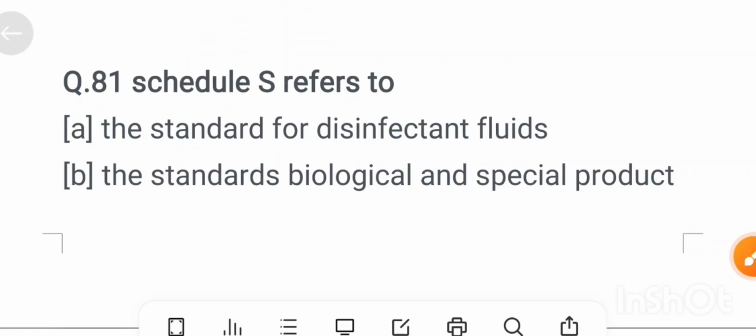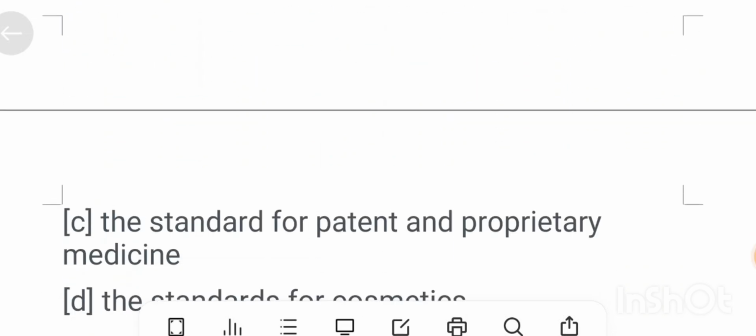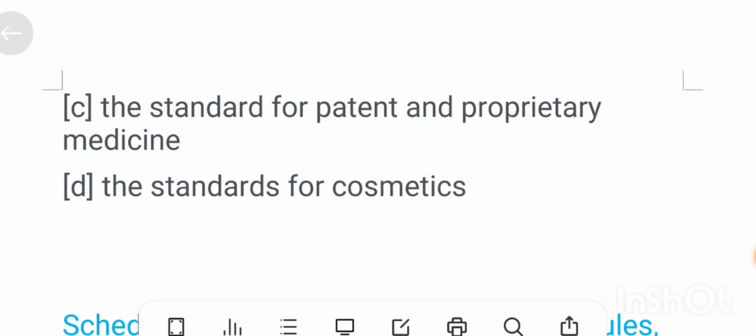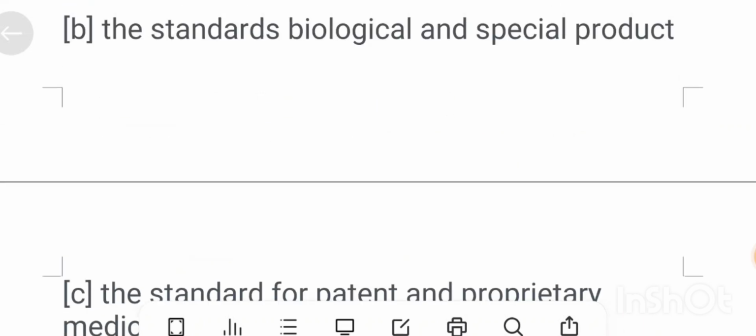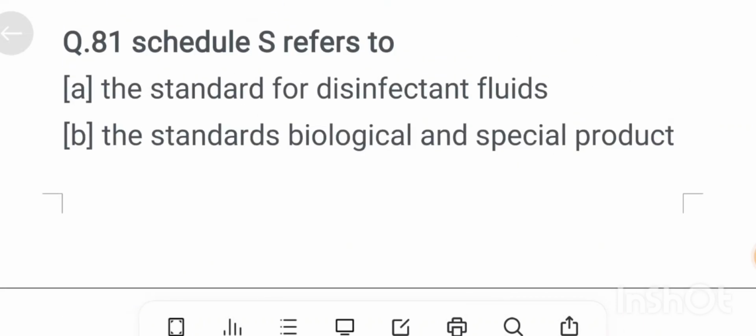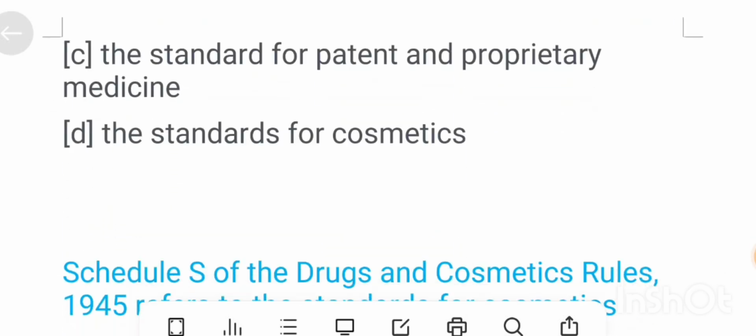Schedule S refers to: option A, the standard for disinfectant fluids; option B, the standard for biological and special products; option C, the standard for patent and proprietary medicines; option D, the standard for cosmetics. Correct answer is option D, the standard for cosmetics.